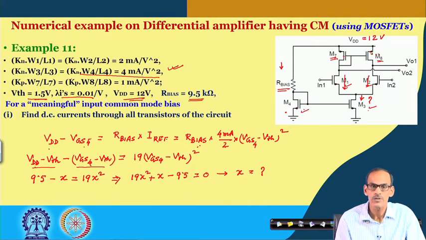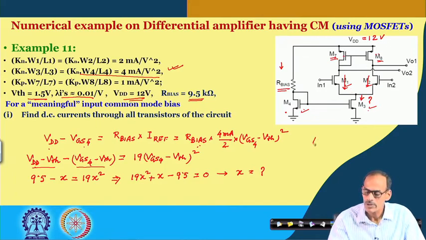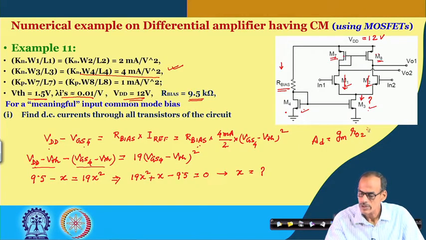Probably you can work it out, and once you get the operating point, then you can find the differential mode gain, which is again GM into RO2 in parallel with RO8, and the common mode gain, on the other hand, is AC equals minus 1 by GM7 into 2 into RO3.